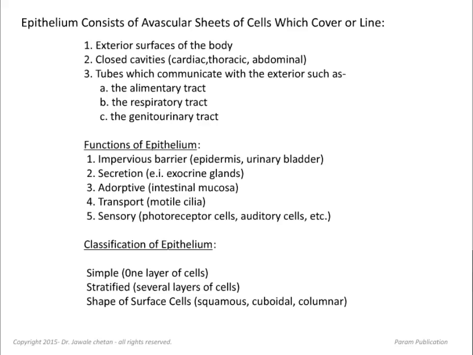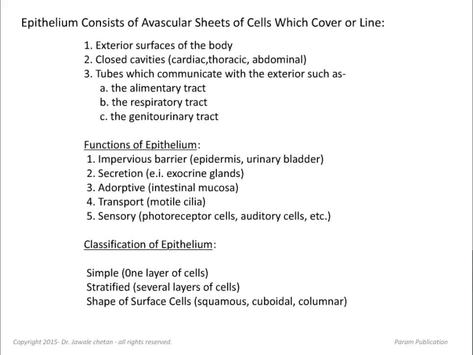Now we classify epithelial tissue. The classification is entirely based on their structure. Structure: simple, one layer of cells, that is simple epithelial tissue. Stratified, where several layers of cells form, that is stratified epithelial tissue.